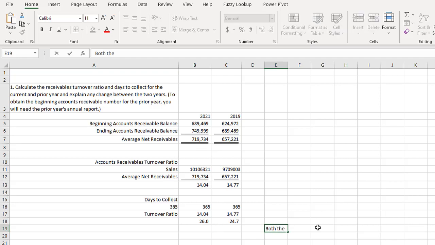Both the accounts receivable turnover and days to collect are fairly consistent in the past 2 years.